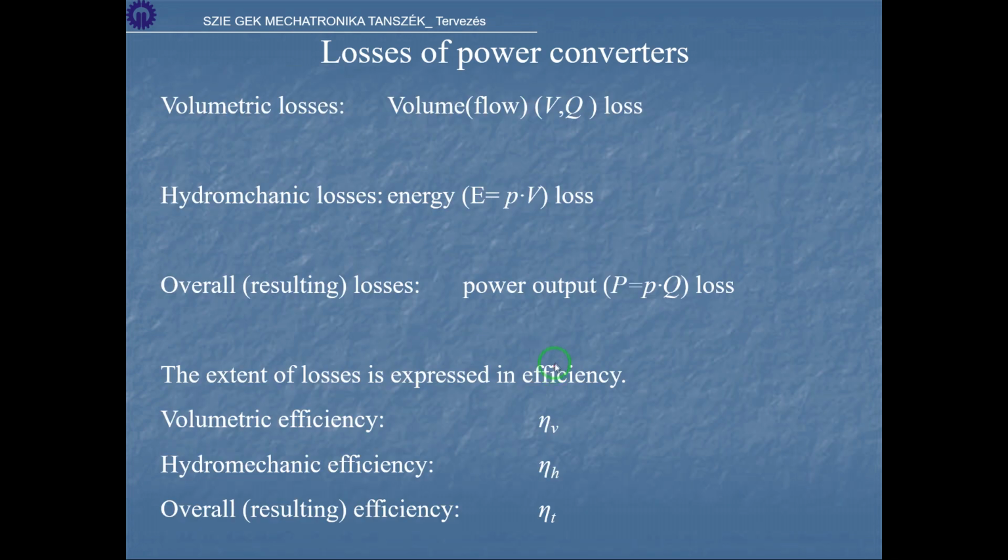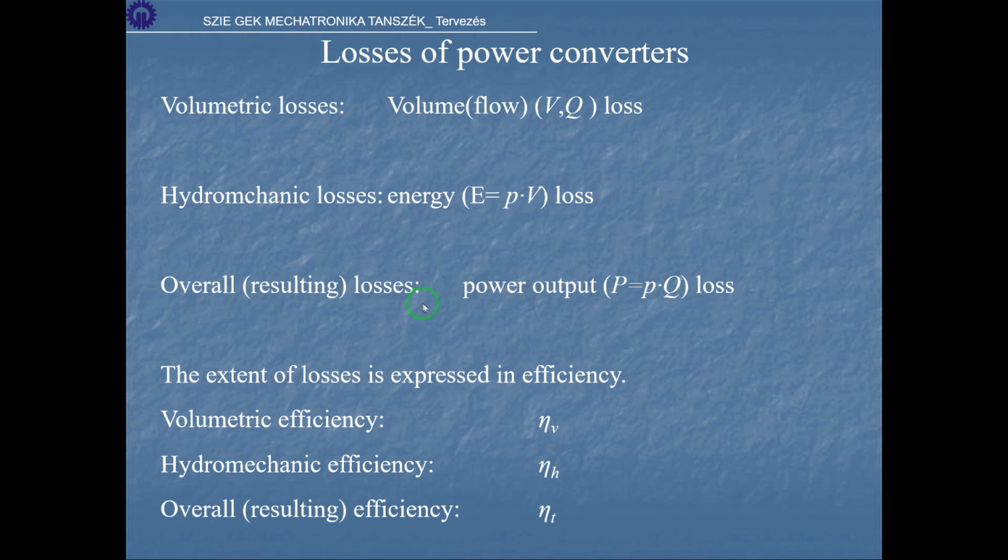So we have to calculate these power losses, and we have volumetric loss, we have hydromechanical loss, and we have overall or resulting losses, which are the power losses. Okay, so these are volumetric loss, these are energy loss, and these are power loss.